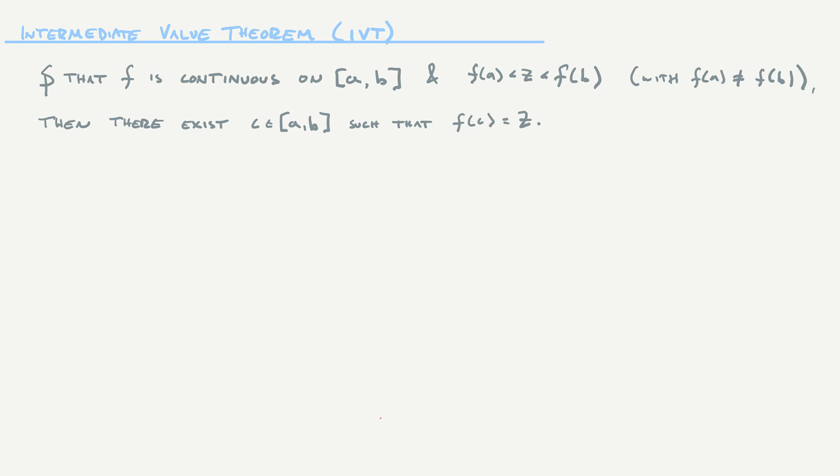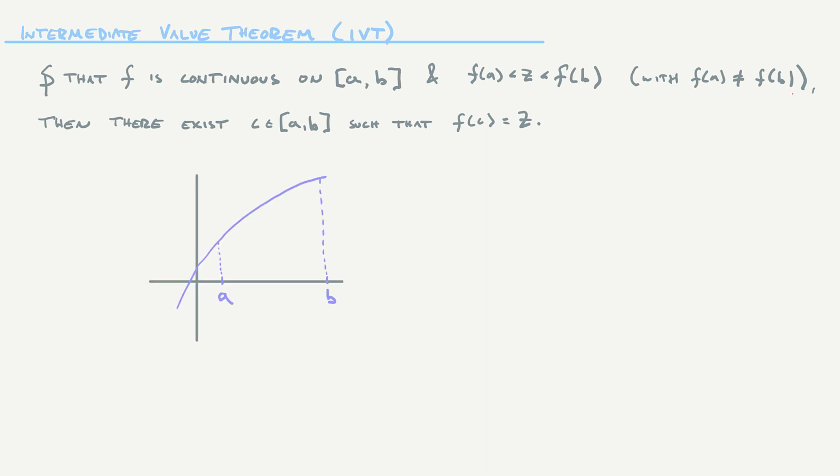So z is some value that's between the output of a and the output of b, and it's definitely between them because we're saying that f of a is not the same as f of b. They're two different outputs. If that's true, then there exists a c value inside the closed interval a to b, such that if you evaluate f at this c, you get z.